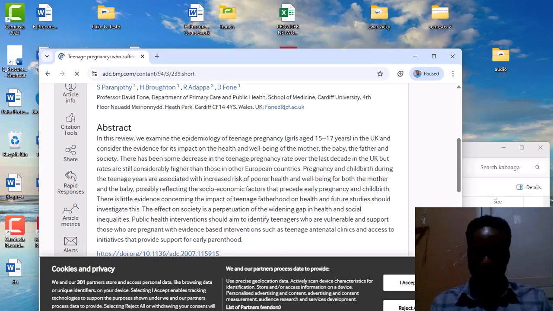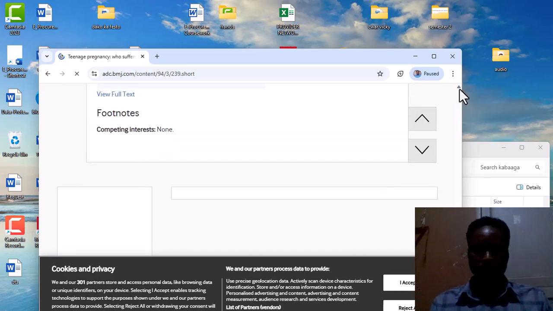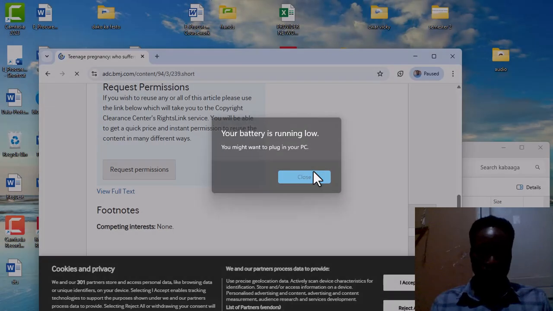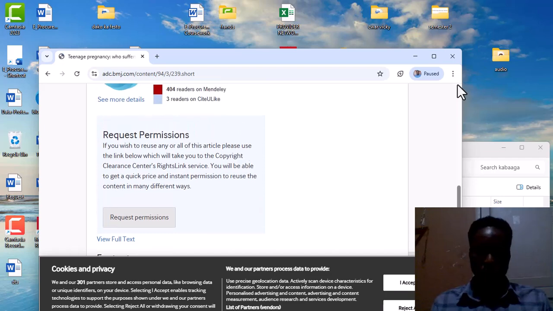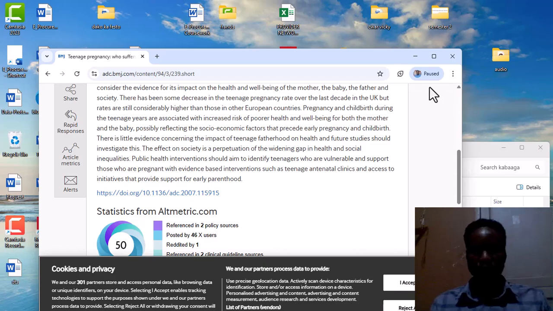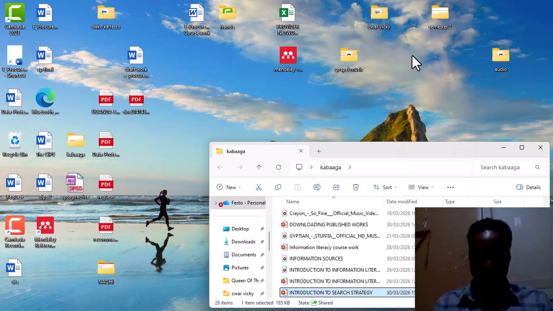It's very clear: you see all this information coming up, all talking about teenage pregnancy. So that's how you can handle it, and that's how you can apply the search strategy to this kind of topic.